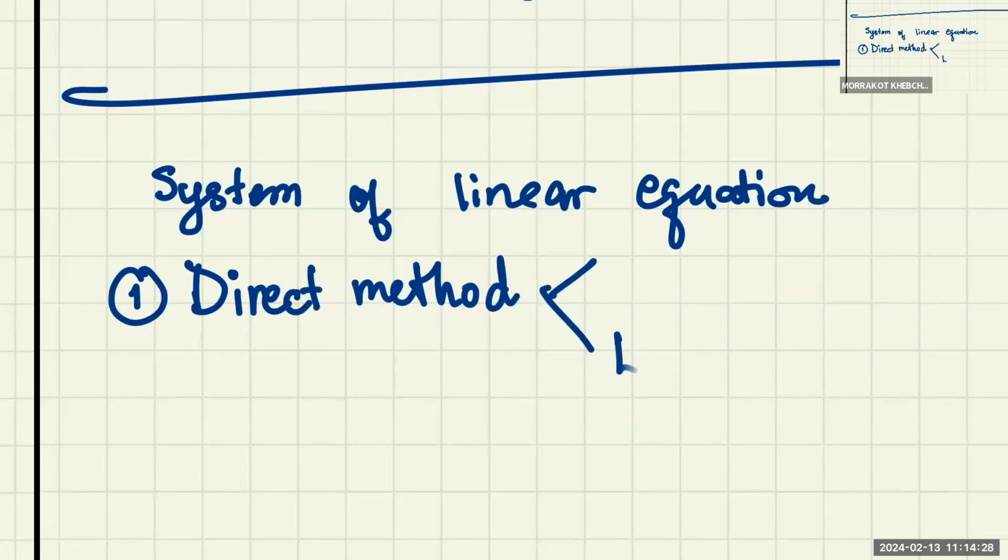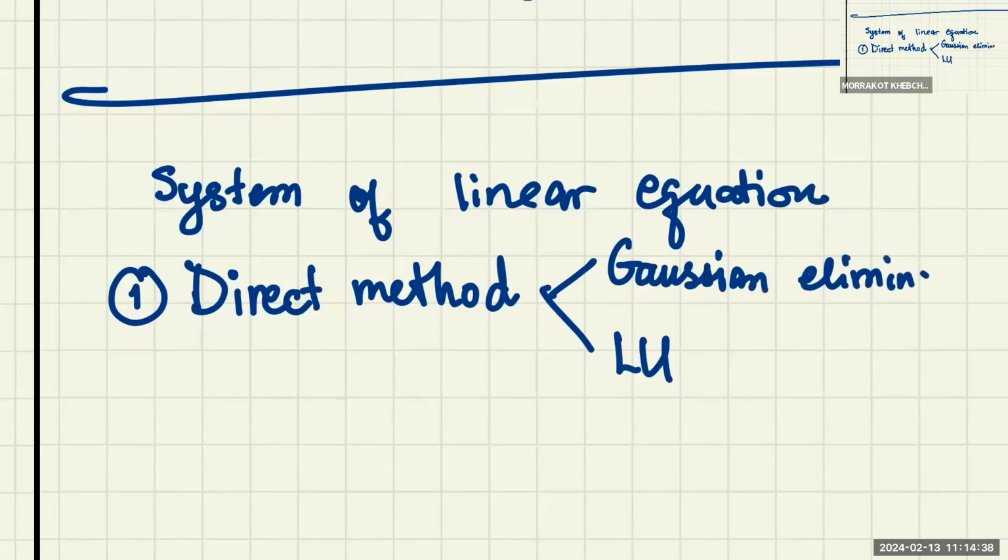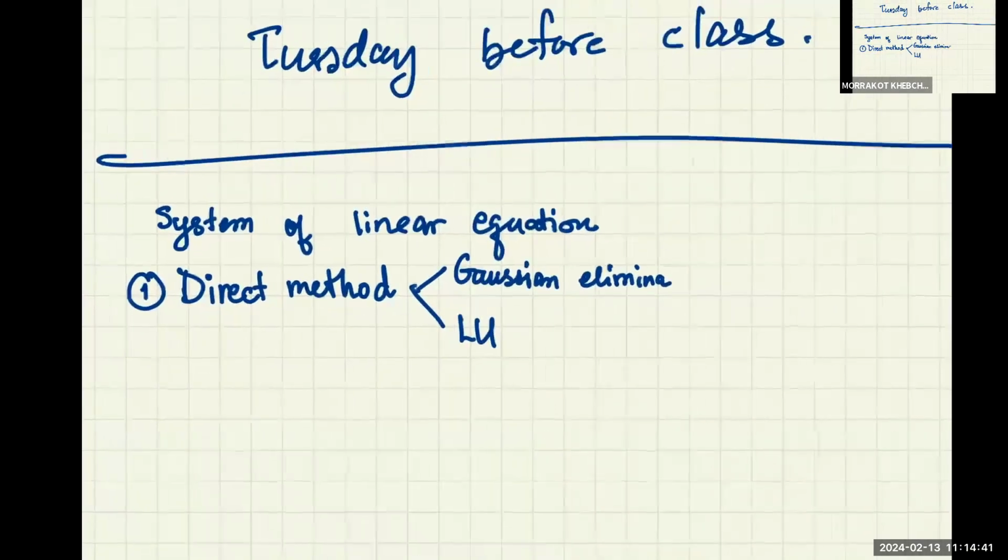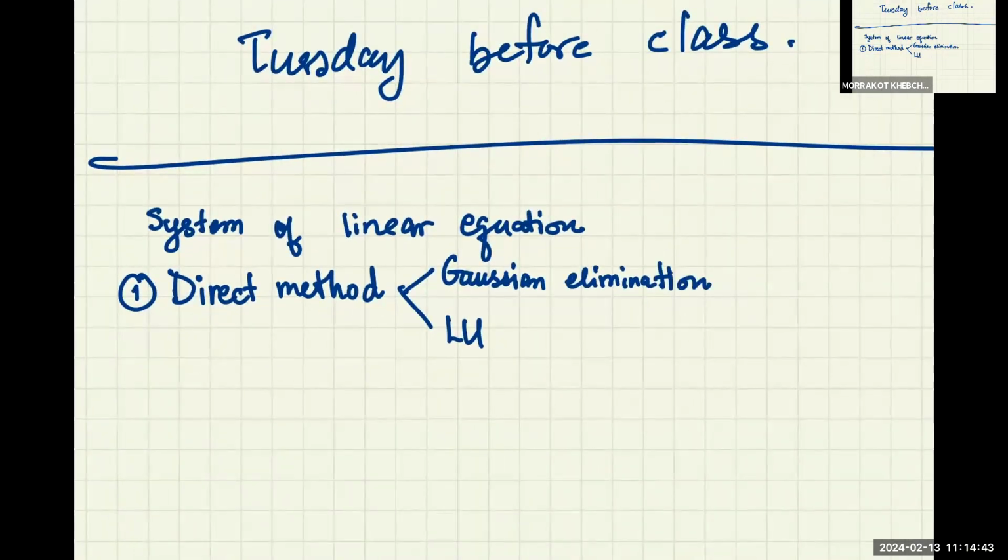That includes LU factorization, Gaussian elimination. That is one way. And people sometimes use the direct method because that leads to the solution directly.